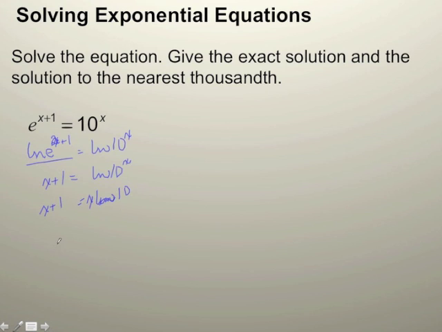I want my x's on one side, so I can make this 1 equals x natural log 10 minus x. Factor the x out of the right side. I'll have x times ln of 10 minus 1 equals 1. So x ends up equaling 1 divided by ln of 10 minus 1.